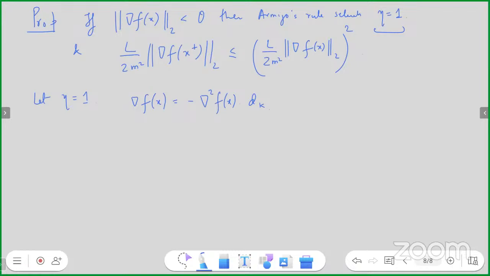What was d_k for Newton, or d_N? This quantity's inverse multiplied by this. So I'm just moving the inverse over here. All right. And now we'll try to understand the iteration of the gradient itself. How is the gradient changing?